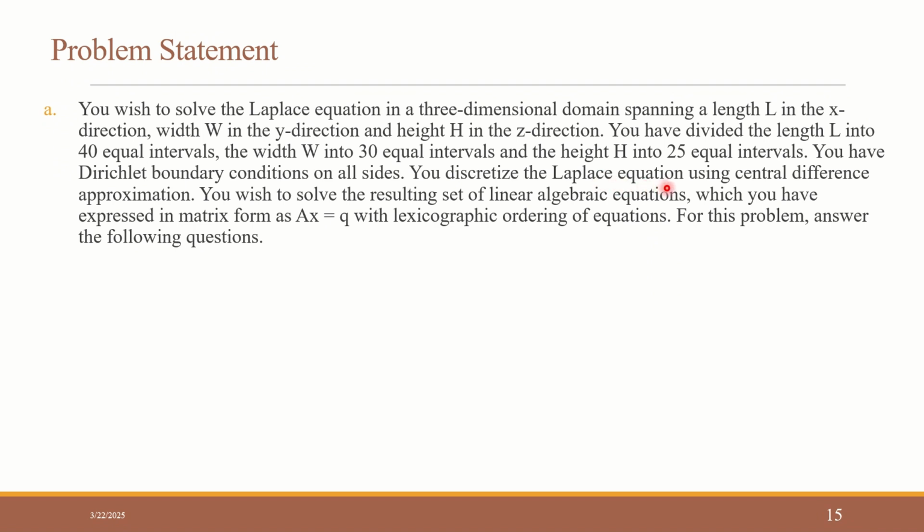In the previous question it was Poisson equation and here it is Laplace equation. The difference between both the equations is that in Laplace equation we have source term as 0. You discretize the Laplace equation using central difference approximation and we are solving the resulting set of linear algebraic equations which we are arranging in the lexicographic ordering of equations.